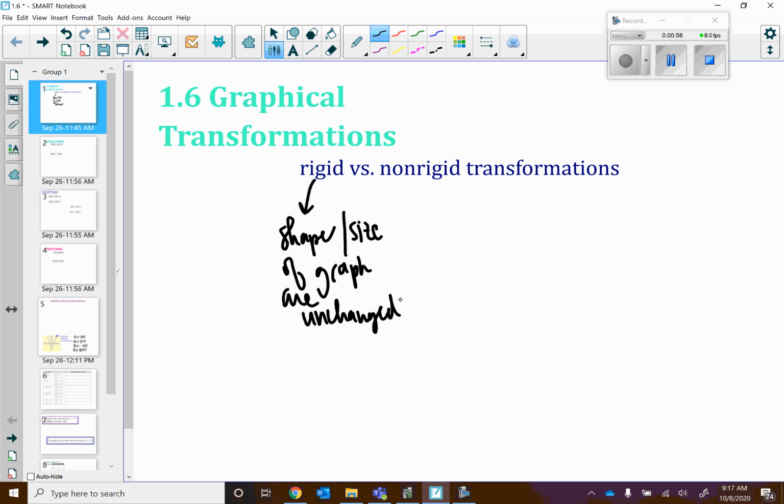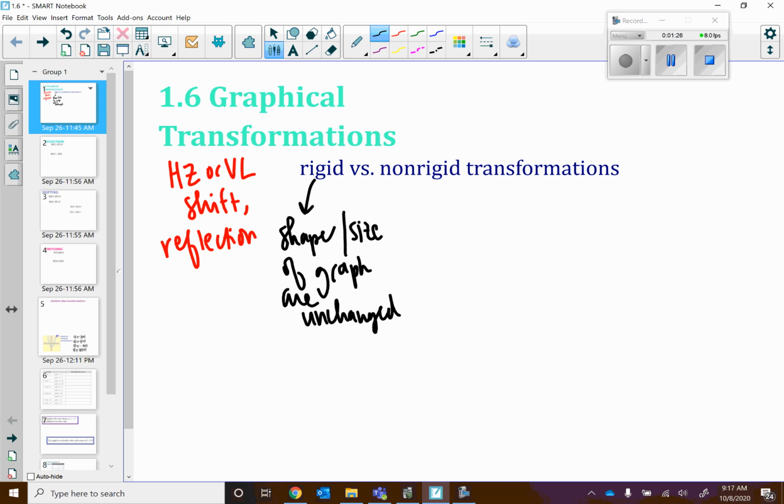If you think rigid is like, I can't think of a good word, solid or unbending, right? So it's just moved. This would be like a horizontal or a vertical shift, like left, right, up and down, or a reflection of the graph, meaning we're flipping it, but it doesn't change how wide it is, it doesn't change how tall it is.